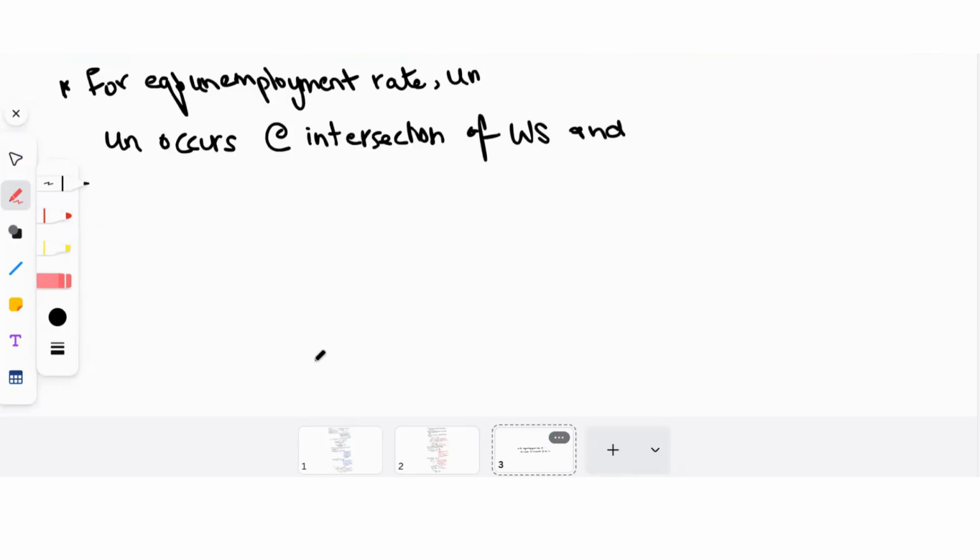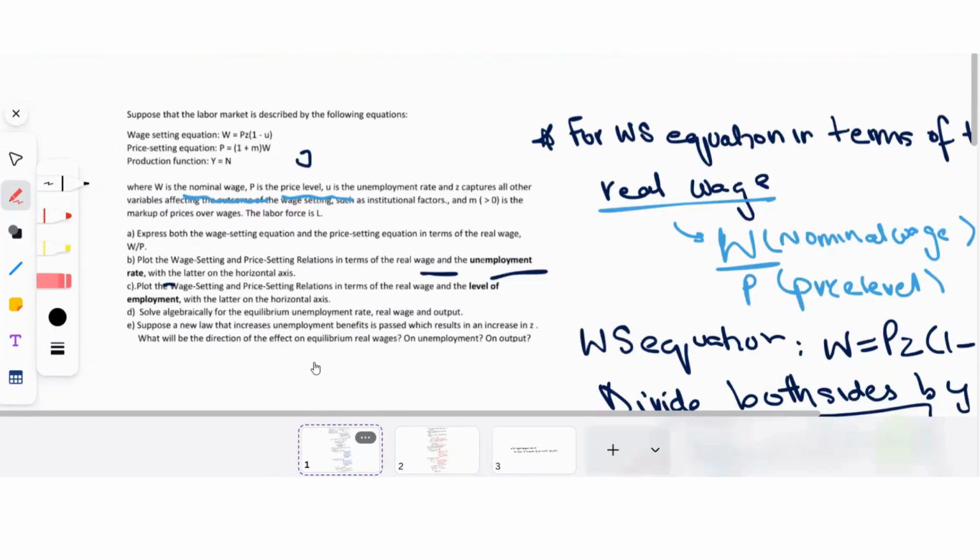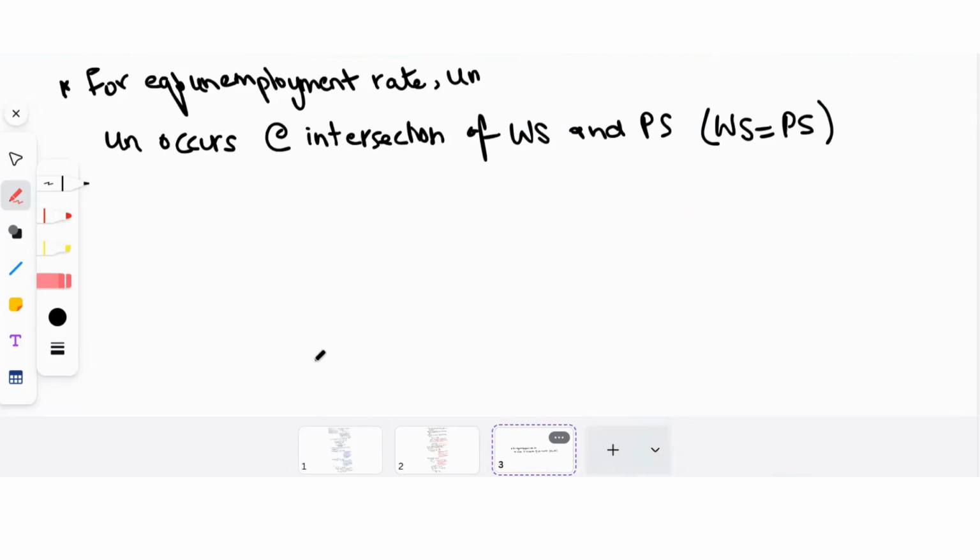To be more specific, this is the equilibrium unemployment when P is equal to PE, and in this question we're already making the assumption that P is equal to PE, because the wage setting equation is written as a function of P rather than PE. Under the assumption P is equal to PE, the equilibrium unemployment rate is the natural rate of unemployment, right? So the equilibrium unemployment rate is UN over here because we already have the assumption P is equal to PE in the question.